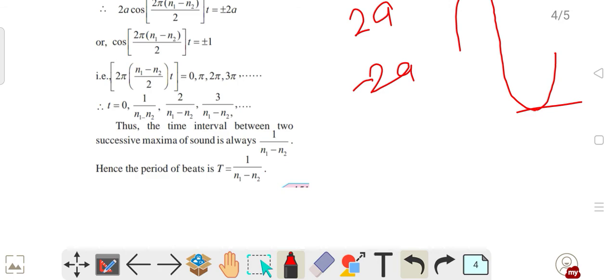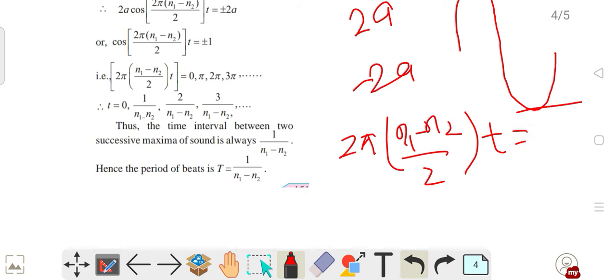From here, I have to find the time t. At t = 0, this much is 0. And if you do for the others, 2π((n1 − n2)/2)t equals either 0 or π or 2π.